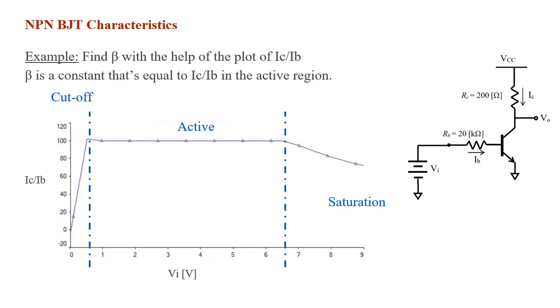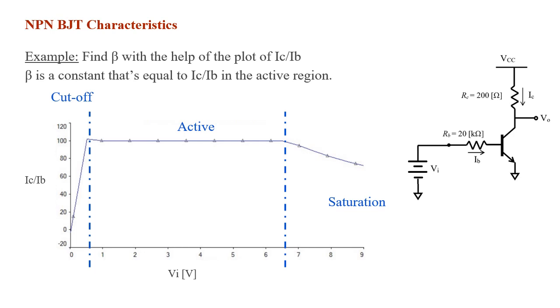Here we have an example that requires us to find the value of beta with the help of the plot of IC over IB curve as a function of Vn. Notice that beta is actually a constant, and that constant is equal to the collector current over the base current in the active region.